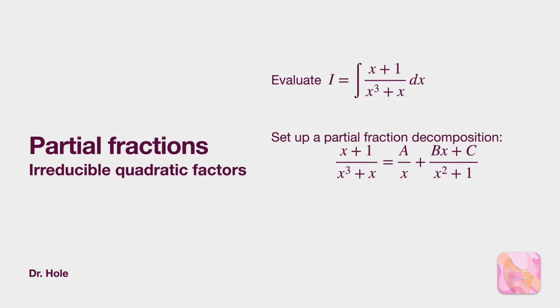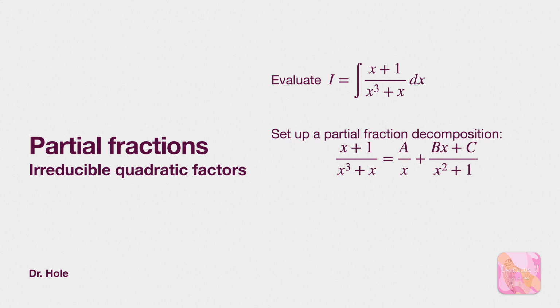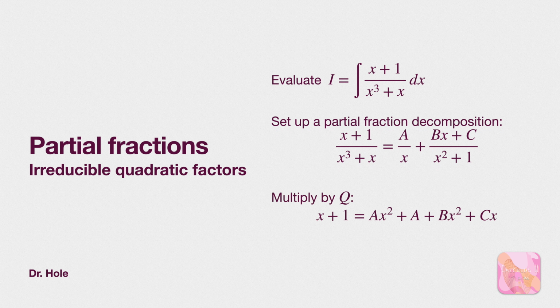Just as before, we begin by clearing the denominators. Multiply by q, producing x plus 1 equals a times x squared plus 1, plus bx plus c binomial times x. Distribute out the x, get bx squared plus cx. Very nice.